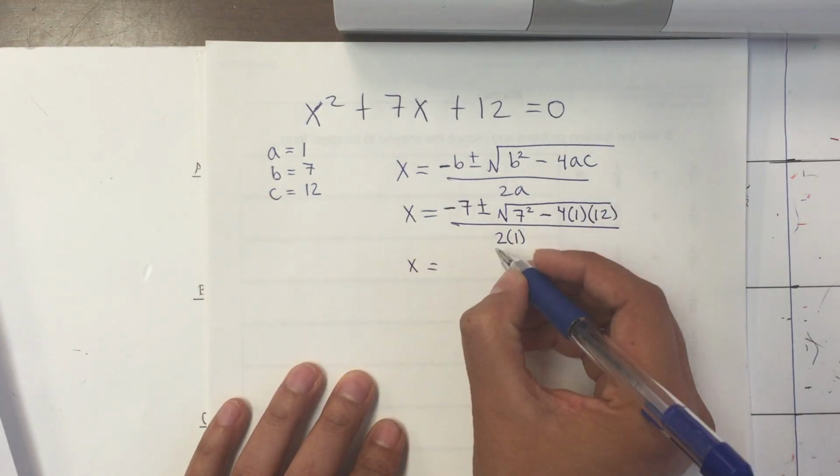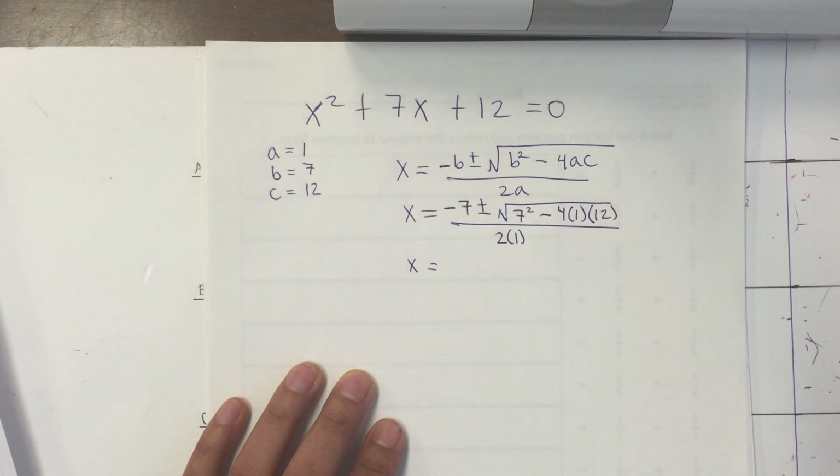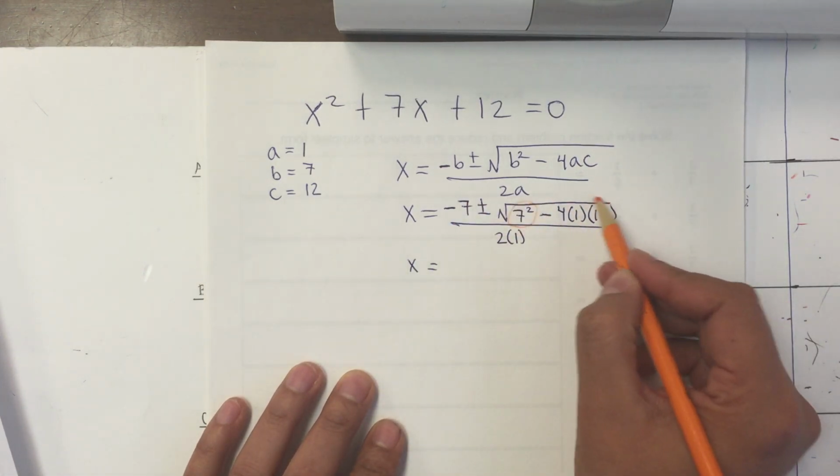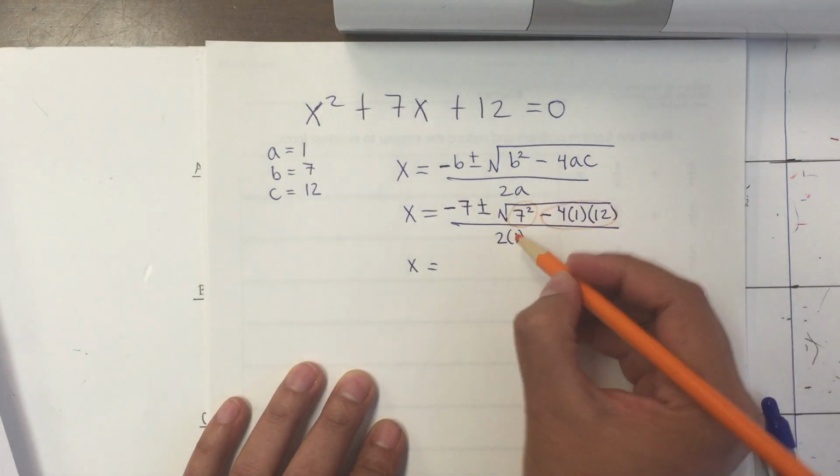So x is equals to, we're going to start simplifying whatever parts we are able to simplify. For example, this part right here and this part right here. Oh, and even this part right here.